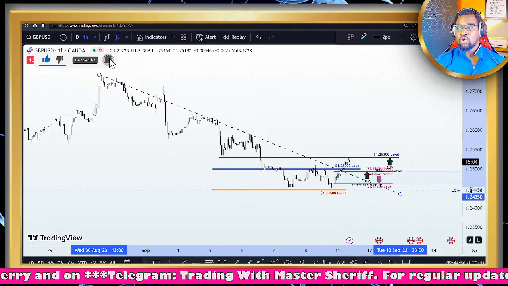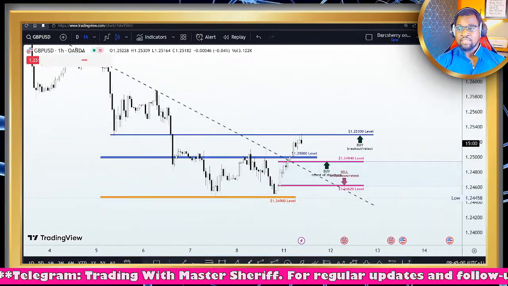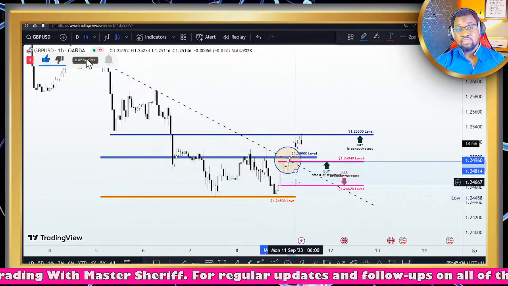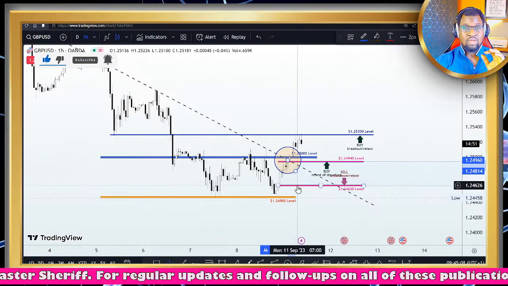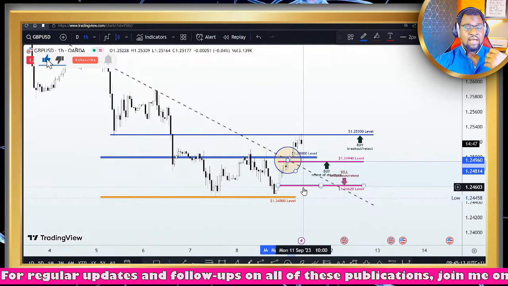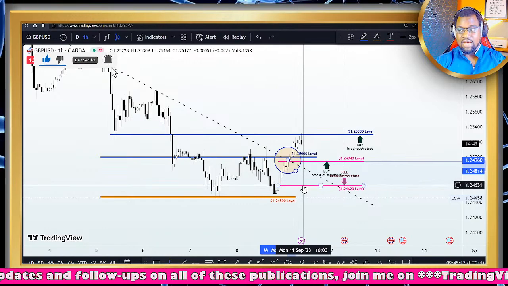And if we look at what happened this morning, it appears that price action has broken out of that descending trend line, which happens to be the first time price has broken out of that structure since this month began. And of course, this is a very significant signal that we cannot ignore at this point.